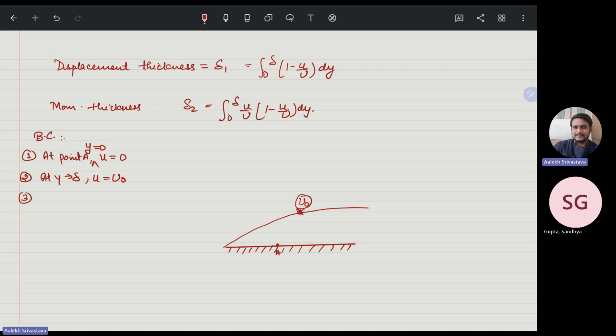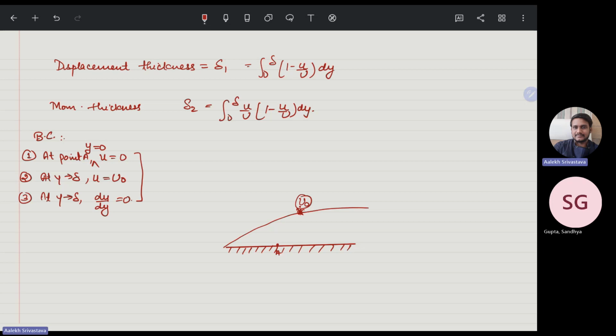Third thing is at y tends to delta, your du by dy is equal to 0. Why is this equal to 0? Because here you have u naught, and just above it is also the free stream velocity u naught. Therefore, the change in velocity in y direction is equal to 0. Therefore, du by dy is equal to 0. We have three boundary conditions.